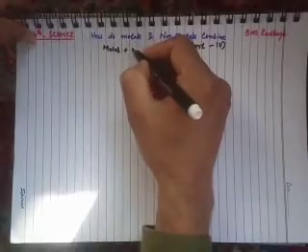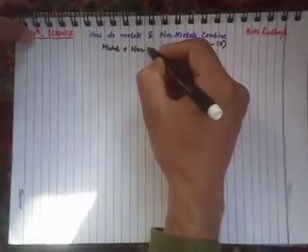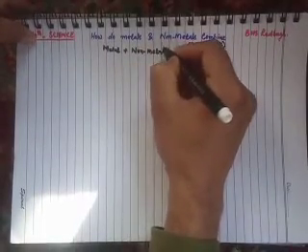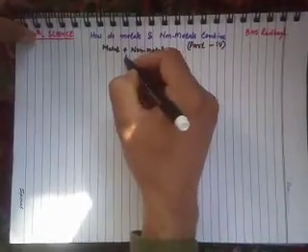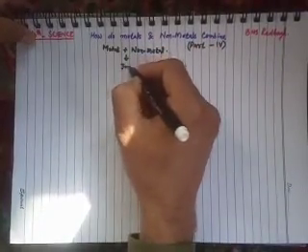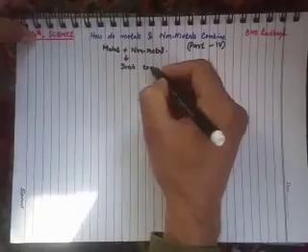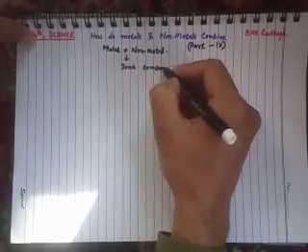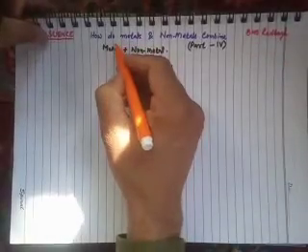Dear students, we have learned that metal plus non-metal, when they combine, they form an ionic compound. What happens?